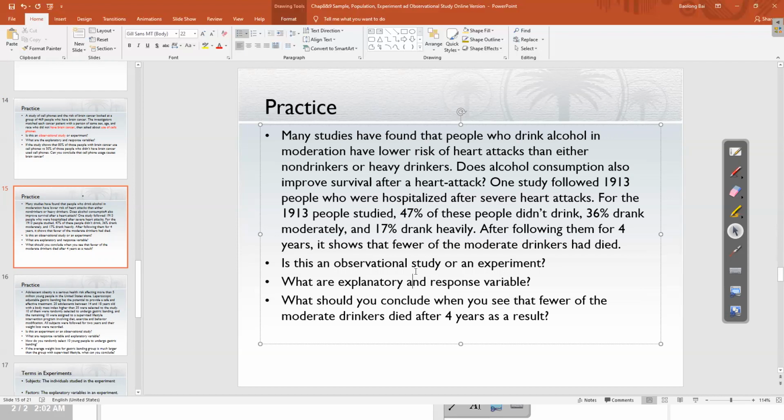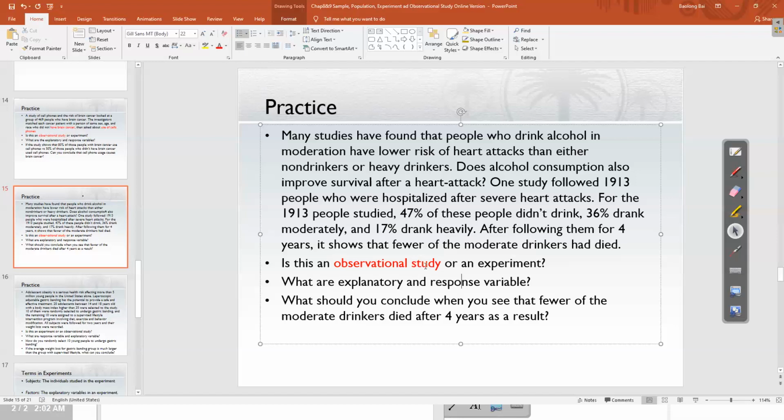So is this an observational study or an experiment? Did the researcher apply any condition to the people in the study? Are they being told to do anything different? No, then this is an observational study, right? They're just being observed. They're not being told to do anything different.